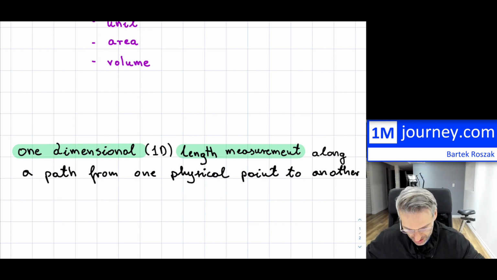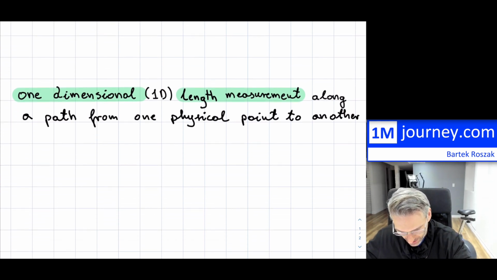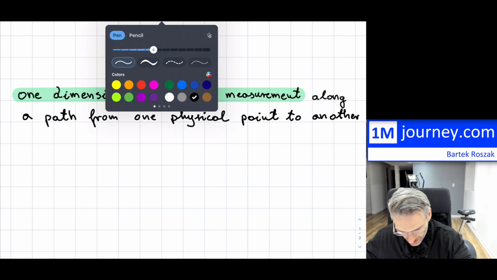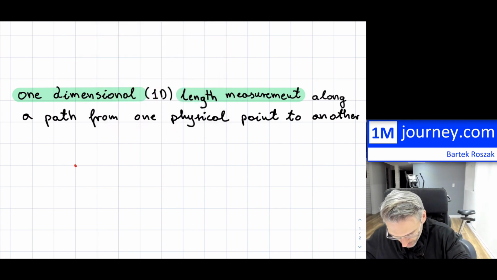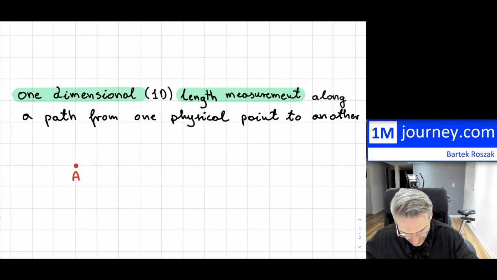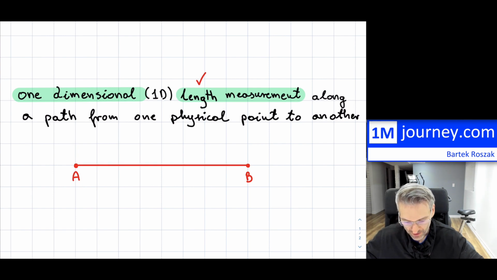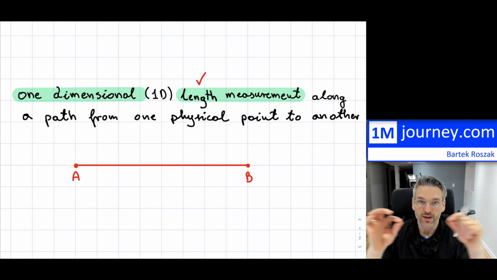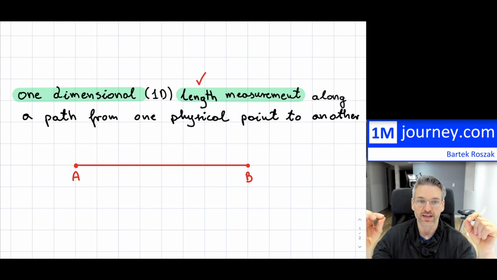So if you have a sheet of paper like I do right here, I can certainly say, all right, I have one point, let's call this point A, and then somewhere down the line I have another point, point B. The length measurement, if I would take a string, I would simply connect these two points, and how long that string is along a particular path.